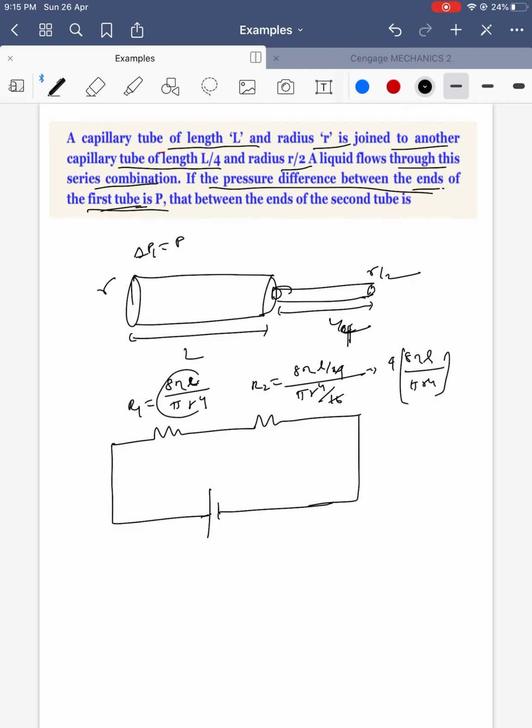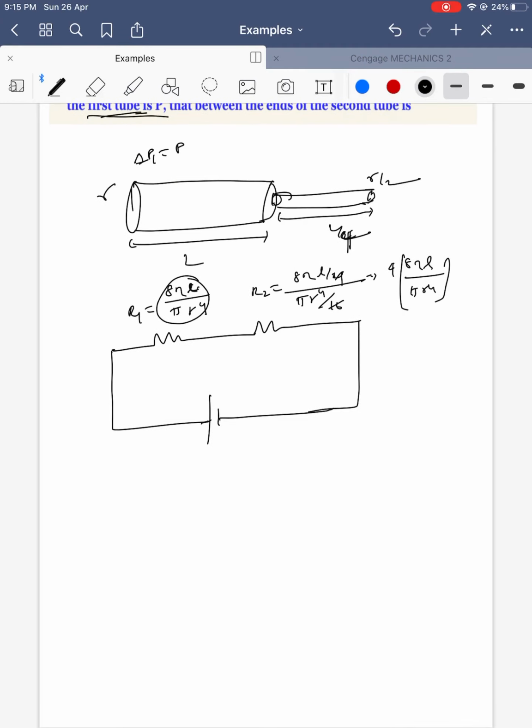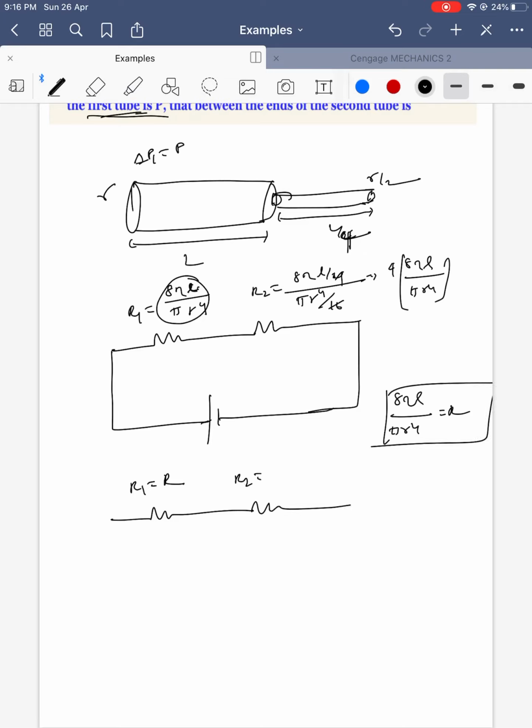I am assuming 8 nu L by pi R power 4 as capital R. So R1 is equal to R, and R2 is equal to 4R.